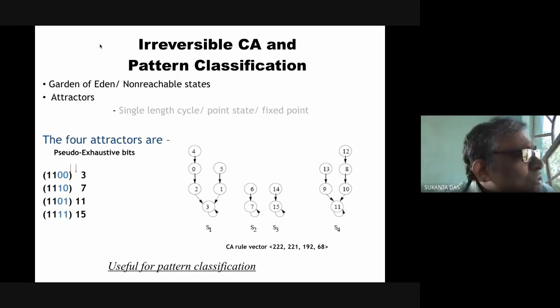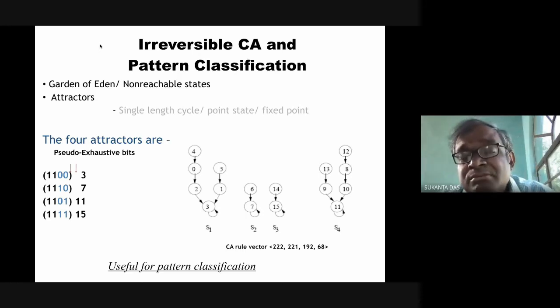It is interesting to note that sometimes, not always, in an attractor, some bits appear exhaustively. You can see on the right hand side, you have written 4 attractors are there. The attractor 3 is 1100. I have written in reverse way actually, so I can understand.